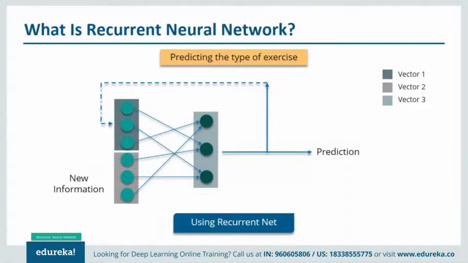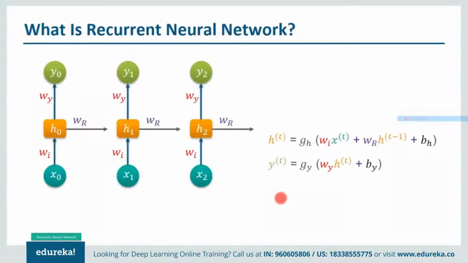Now let me show you the math behind recurrent neural networks. So this is the structure of a recurrent neural network, guys. Let me explain what happens here. Now consider at time t equals 0, we have input x0, and we need to figure out what is h0. According to this equation, h of 0 is equal to Wi, the weight matrix, multiplied by our input x of 0, plus Wr into h of 0 minus 1, which is h of minus 1, and time can never be negative, so this particular equation cannot be applied here, plus a bias.